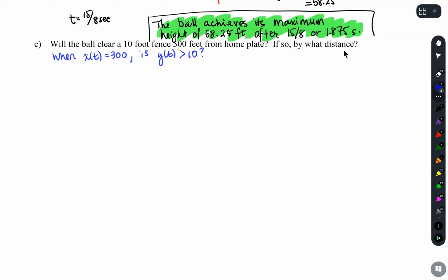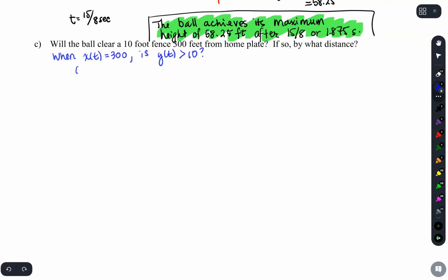If it is, then the ball will clear the fence, and we can find out by how much. If y of t is not greater than 10, then it will not clear the fence. So let's go ahead and start by finding out when is x of t equal to 300.